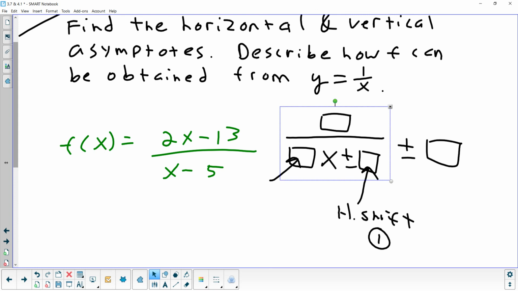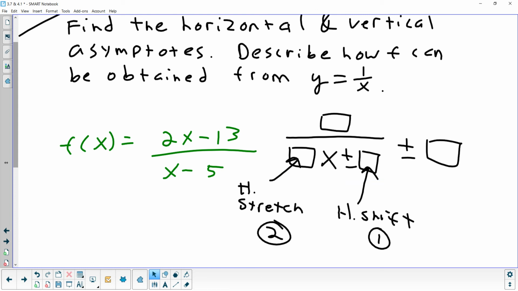That's a horizontal stretch. This is multiplication. It's in the top. That's a vertical stretch. This is adding and subtracting again, just like the first one, but it's outside the fraction.